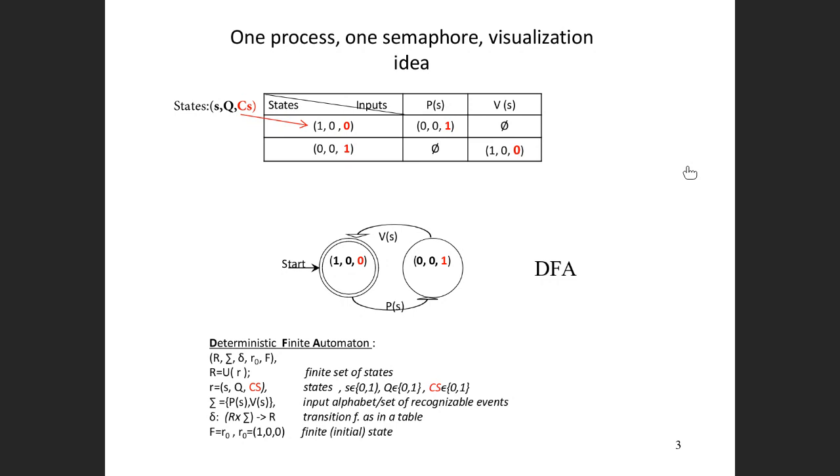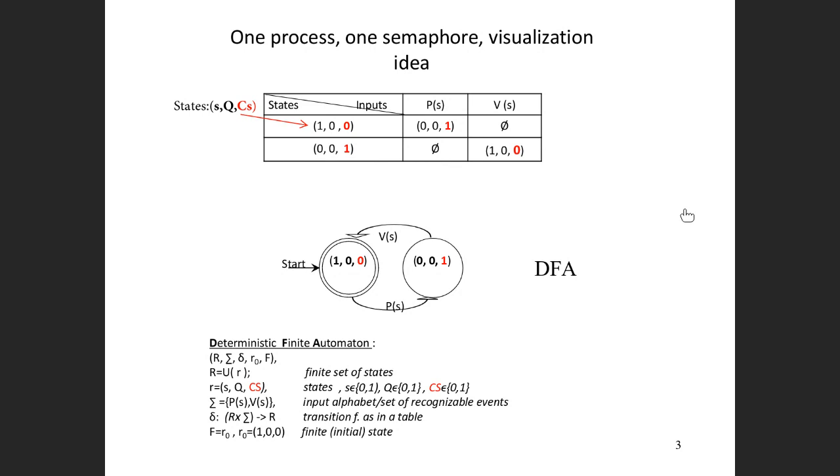But if a process is coming, this process is executing P of S, and the action of P of S is closing the semaphore. Obviously Q is not changing, the second parameter is still 0, and the critical section is busy, therefore the third parameter is now 1. It means the critical section is busy.